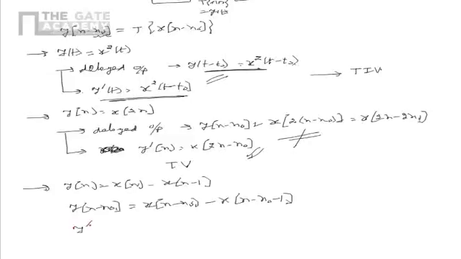And the output due to the delayed version of input, y dash n, is equal to x of n minus n naught. Here the input is delayed, so the input would be just n minus n naught. So x of n minus n naught minus x of n minus n naught minus 1. We see that in this case both the outputs are equal. From this we see that the given system is time invariant.